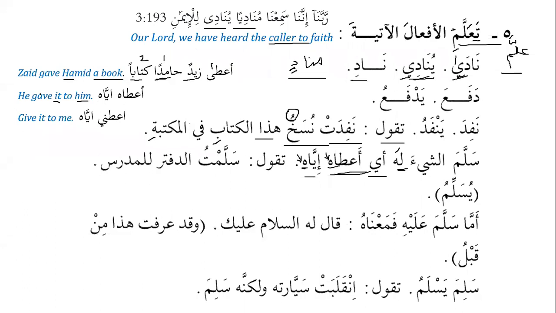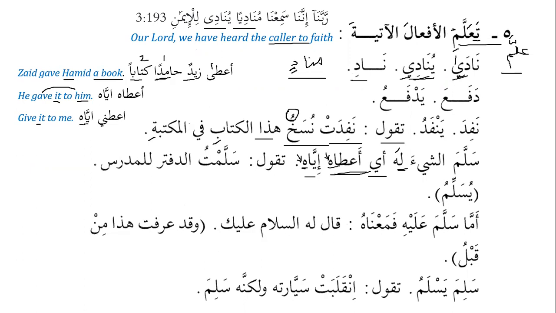A'tahu, he gave him what? In Arabic, it's a little bit different from English. In Arabic, it will be translated as a'tahu, he gave him, iyahu, it. Whereas in English, it will be he gave it to him. And similarly, when you say give it to me, a'tini iyahu.